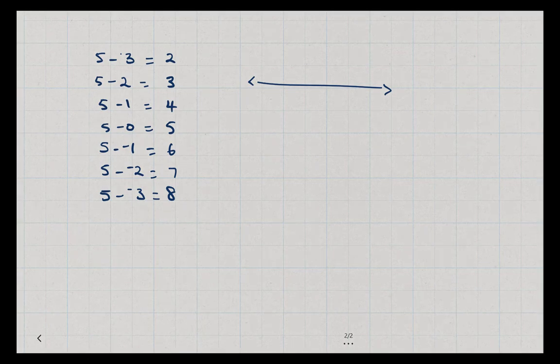Let's look at our first one, this one. So I'm starting, let's put our 0 down. Here's my 5. I'm starting at 5. And then we know that when we have a minus, we're meant to go left.